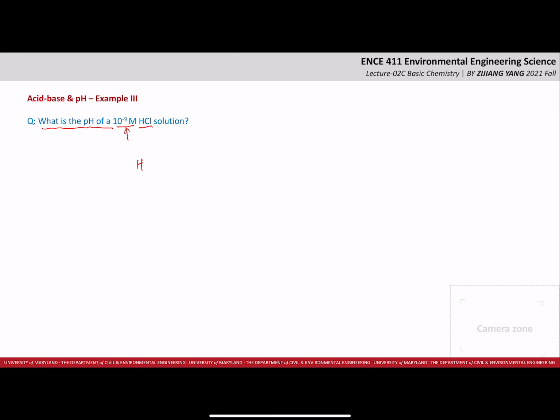So again, this is a strong acid, so it will become H plus and Cl minus, and this is 1, this is 1, this is 10 to minus 9, and we can also say that this is also 10 to minus 9, which equals the H plus concentration contributed by HCl.